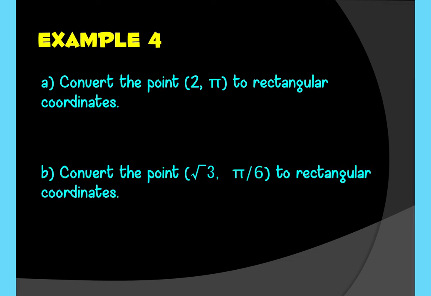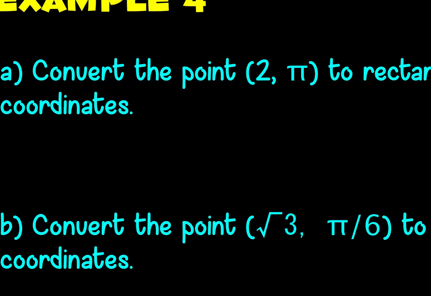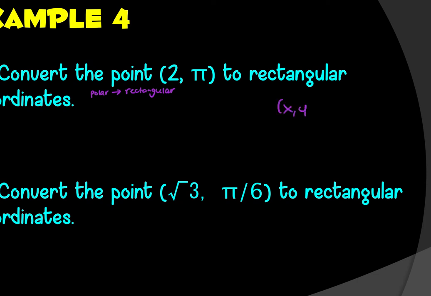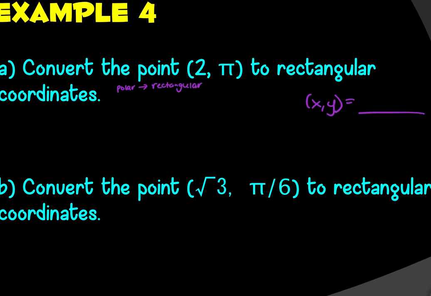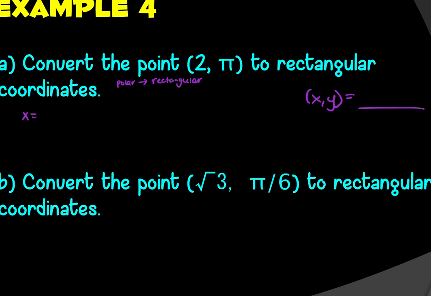All right, so A says convert the point 2 pi to rectangular coordinates. So I am going from polar to rectangular, which means my answer is going to be x comma y equals, and then I'm going to get a coordinate point. So to go from polar to rectangular, x equals r times the cosine of theta, and y equals r times the sine of theta.